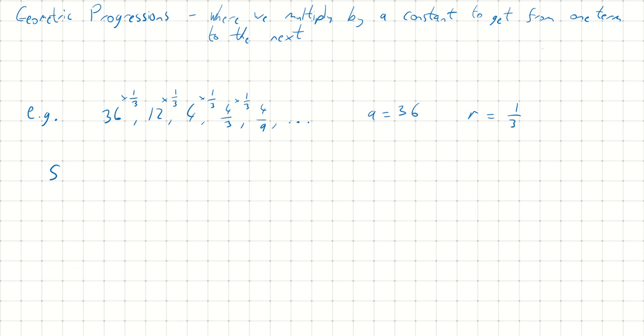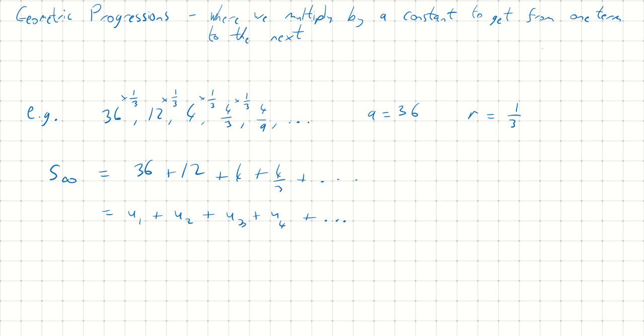So we use S infinity as our notation. So this would be 36 plus 12 plus 4 plus 4/3, but going on forever. So it's u_1, the first term, plus u_2 plus u_3 plus u_4 plus whatever, going on forever.